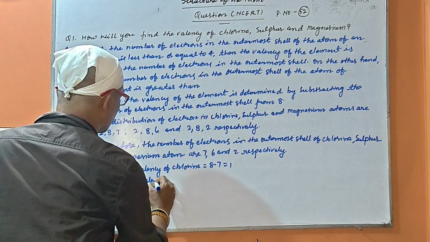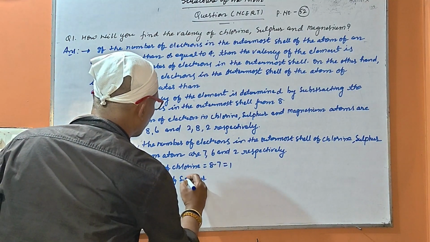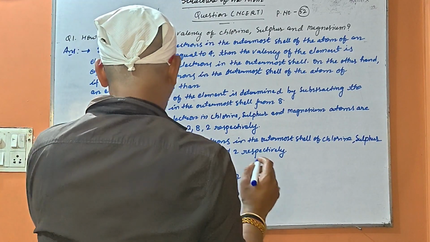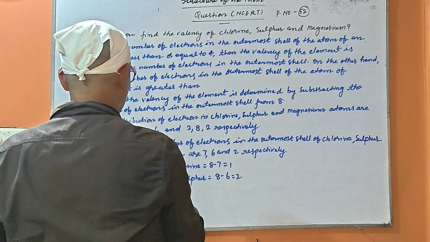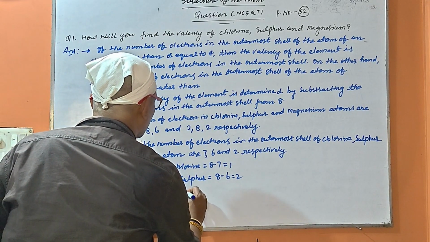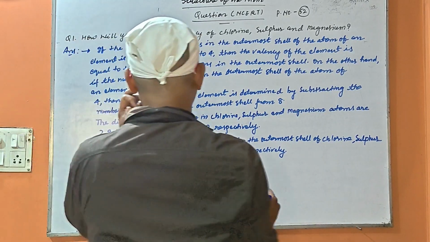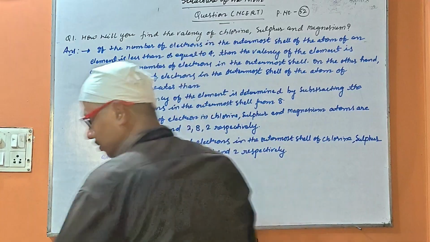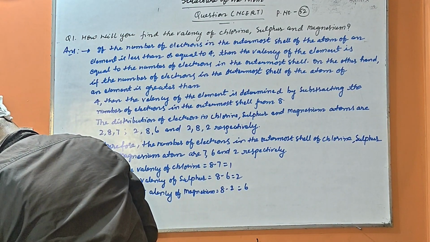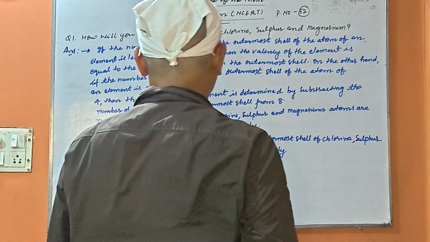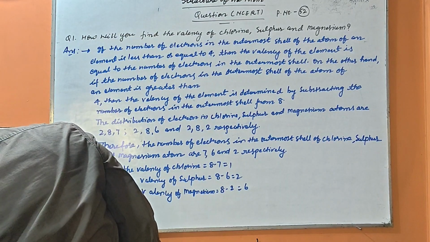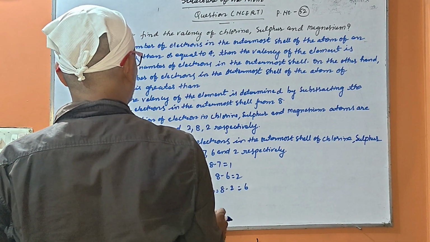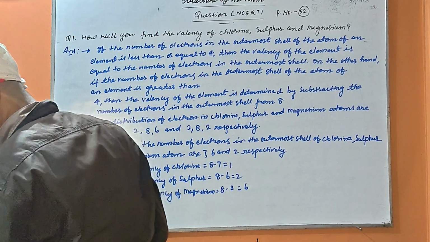Valency of sulfur is 8 minus 6 is equal to 2, and the valency of magnesium is 2.